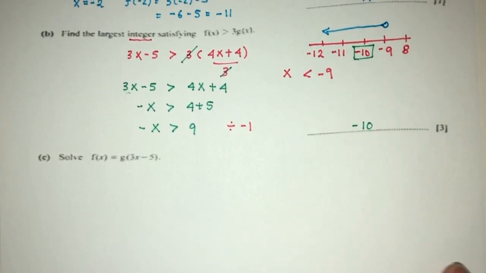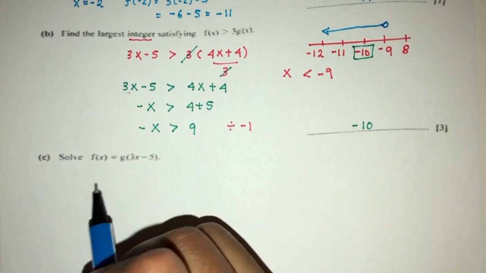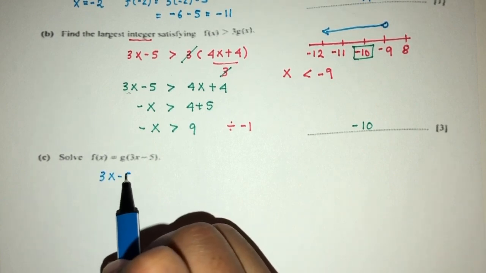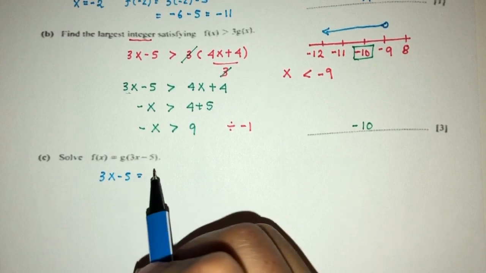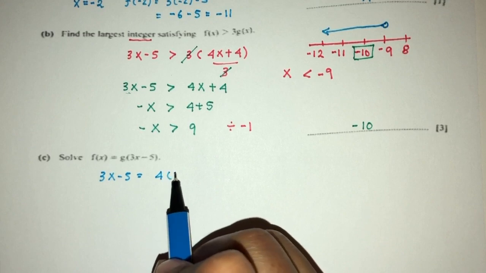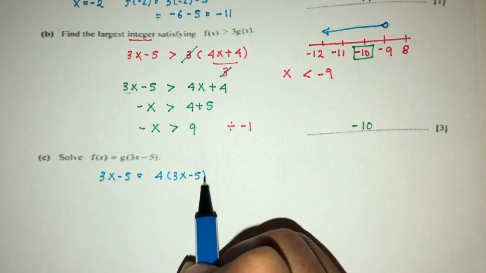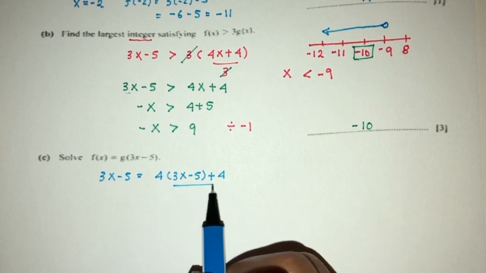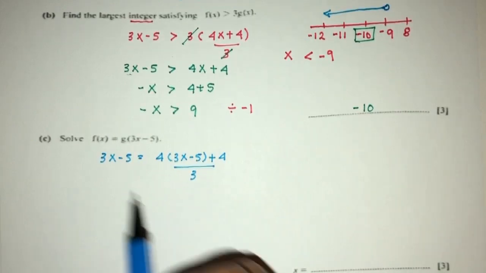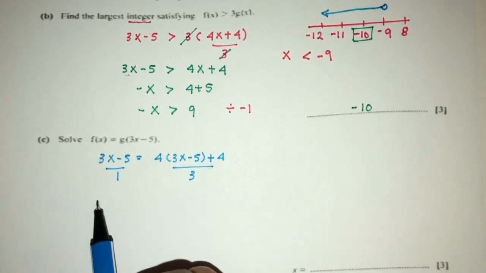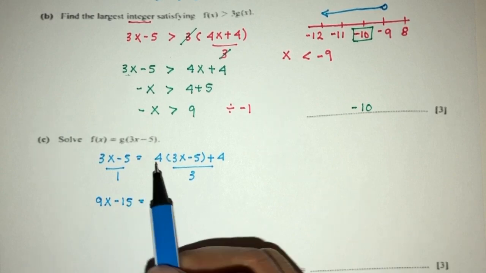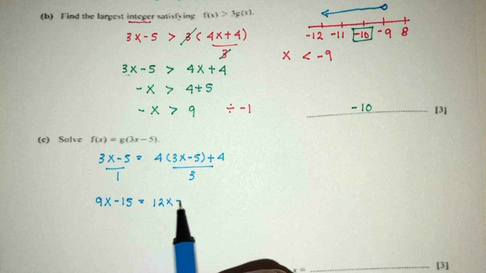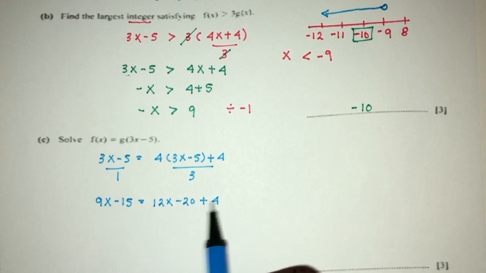Now for part C, we have to solve this equation. f of x, which is 3x minus 5, is equal to g of x, where we have to replace this value back in the equation. You will have 4 times 3x minus 5 plus 4 over 3. Now first things first, we can obviously cross multiply. You will have 9x minus 15 equal to 12x minus 20 plus 4.